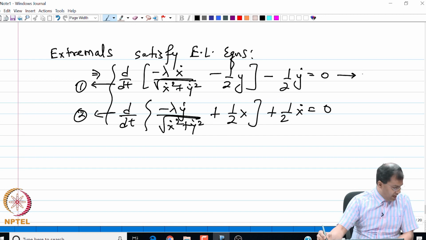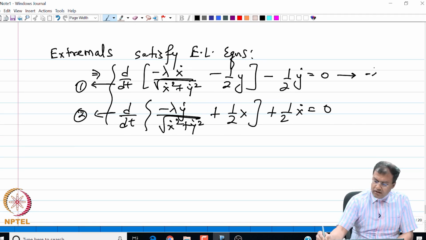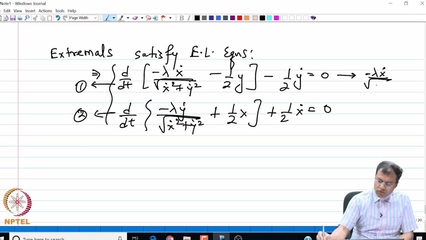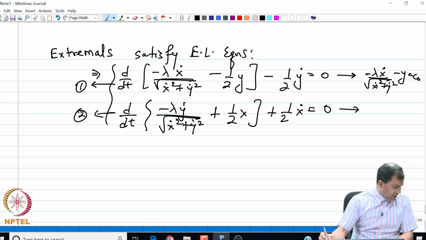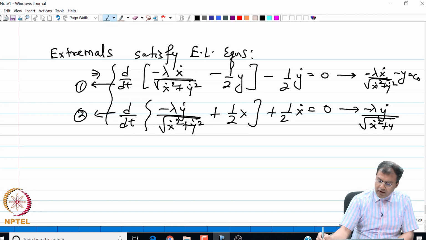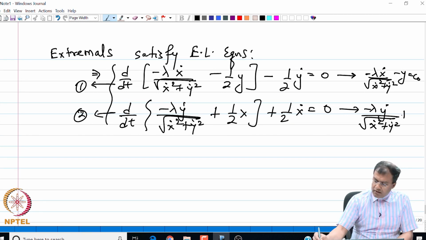From here I can directly integrate the first equation to see that this gives me lambda x dot by square root of x dot square plus y dot square minus y is equal to c naught, and from the second I get that minus lambda y dot divided by square root of x dot square plus y dot square plus x is also equal to c1.